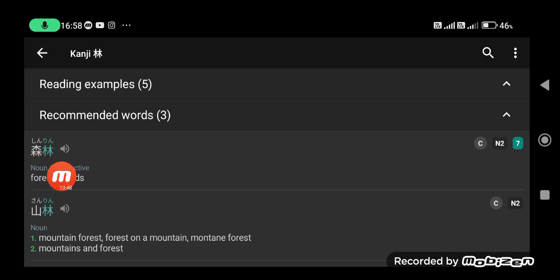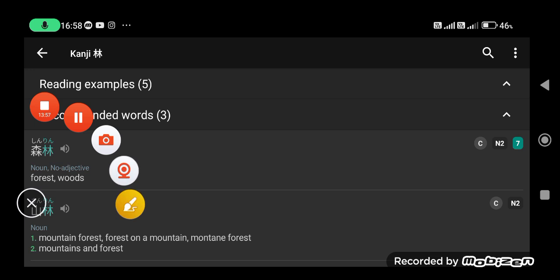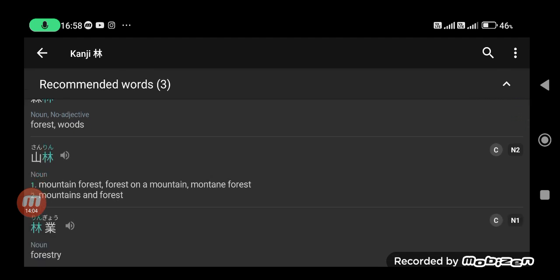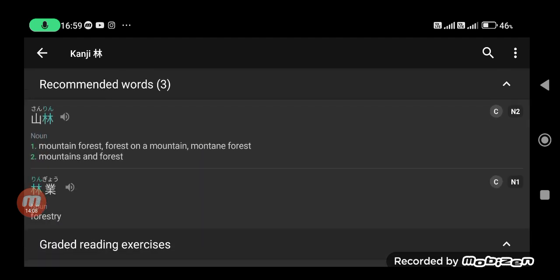And if our subject kanji has two radicals of ki, or tree, this kanji here uses three. So that's shinrin, forest. How about this? Sanrin, a mountain forest or forest on a mountain.